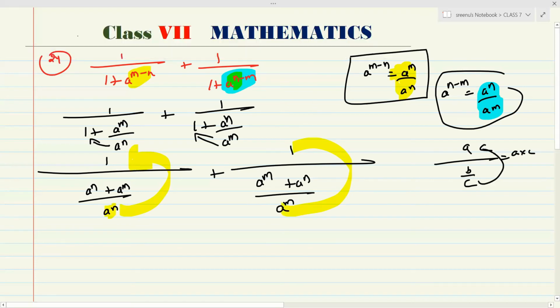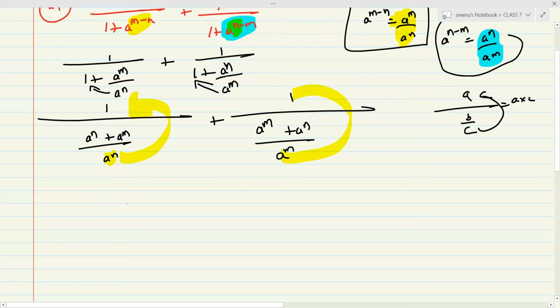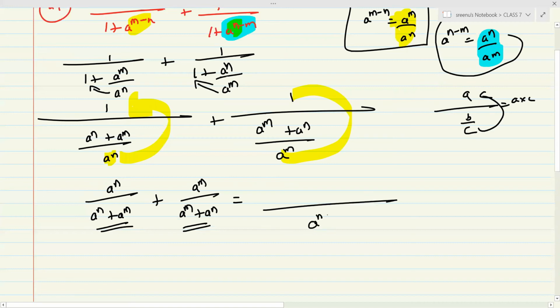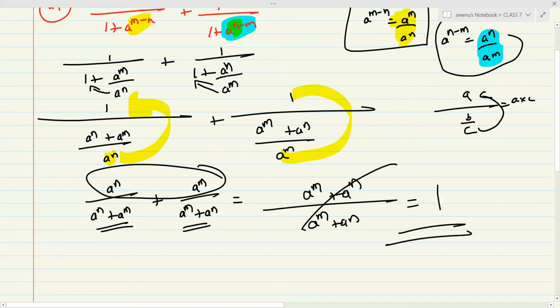Then 1 into a power n by a power n plus a power m, and 1 into a power m by a power m plus a power n. Now both are the same, they cancel, and the answer is 1.